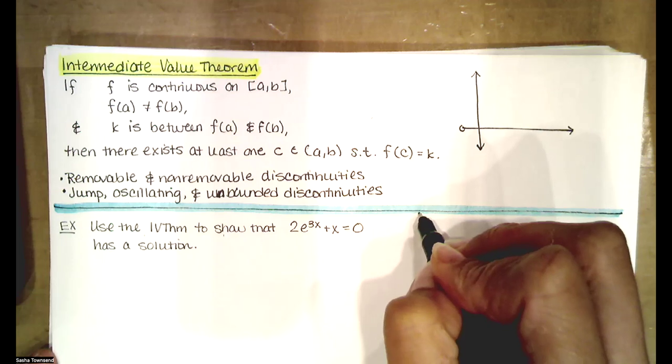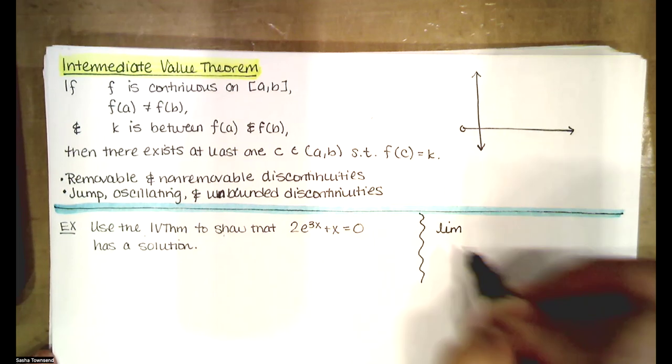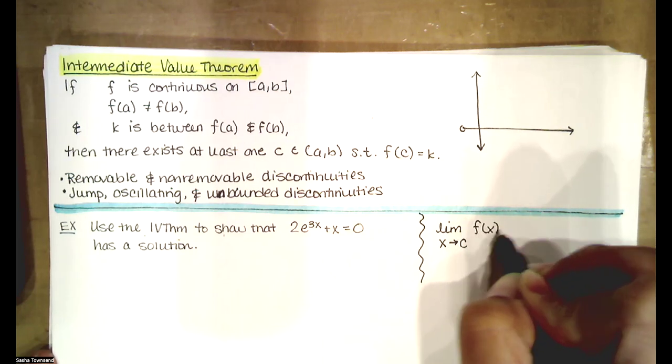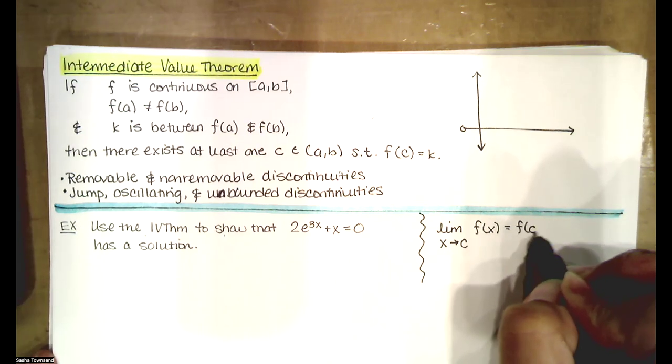So just as a review, we say that a function is continuous at c if you can just plug in c to f to get the right limit.